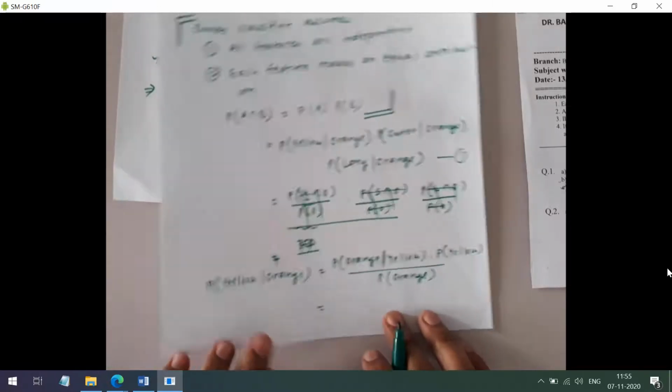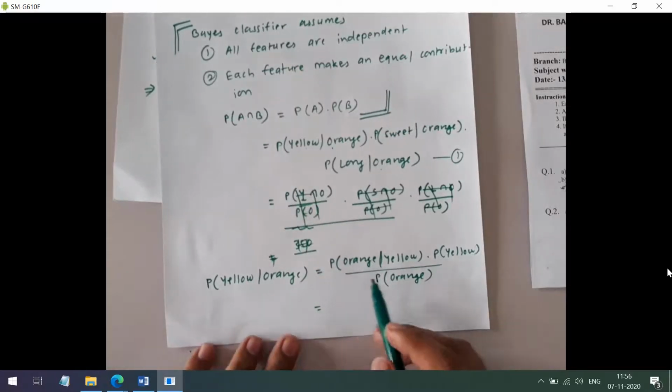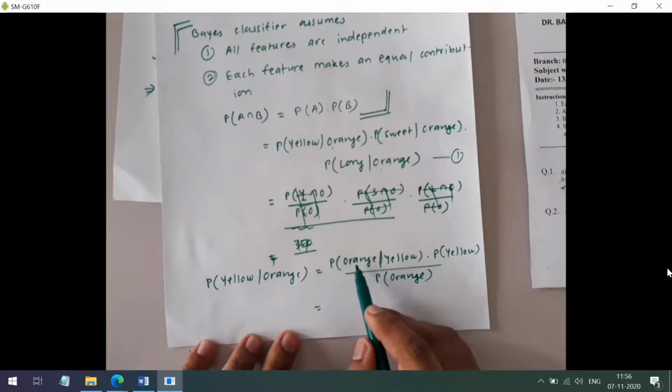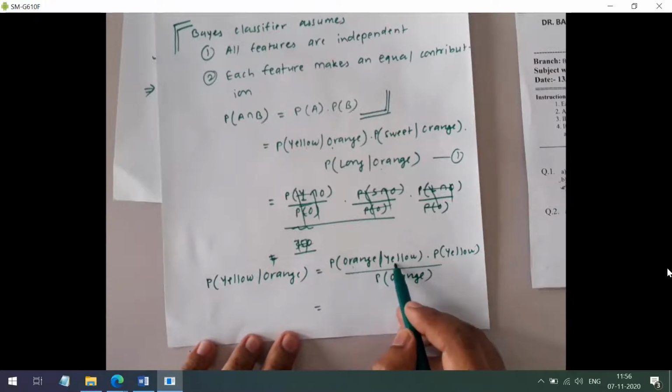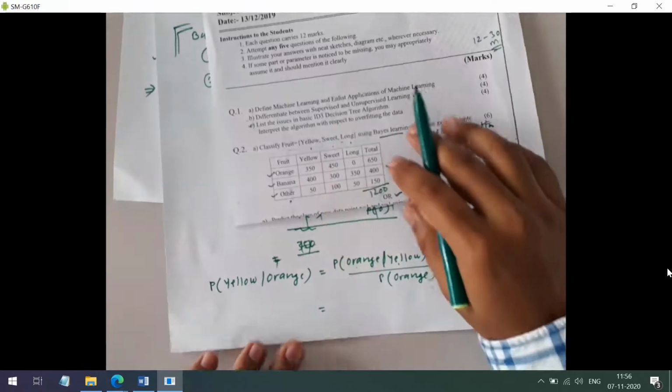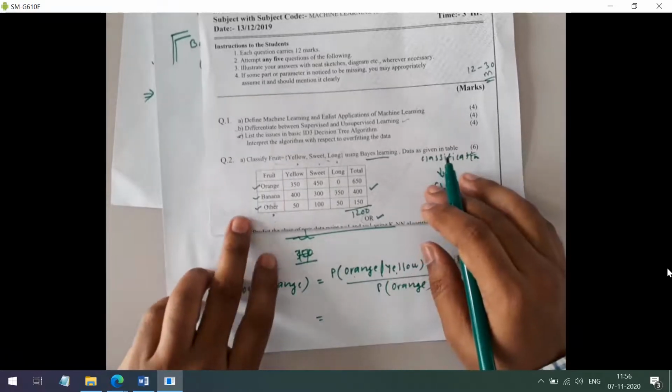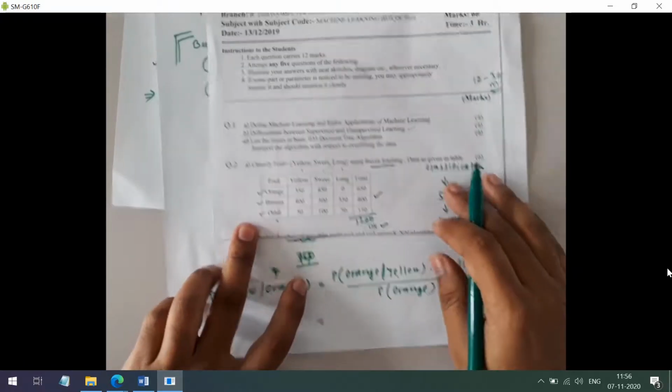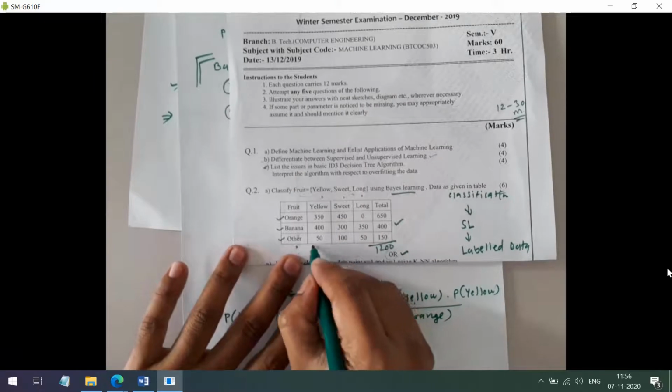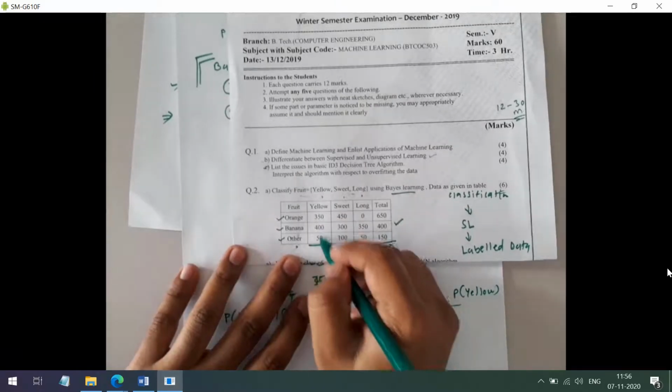Now what is the probability of orange given yellow? So how many yellow fruits are there? We have to calculate the total of yellow fruits.